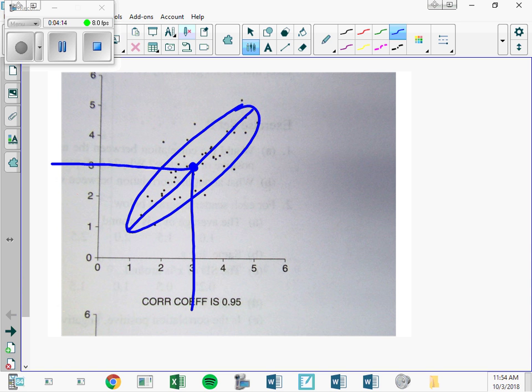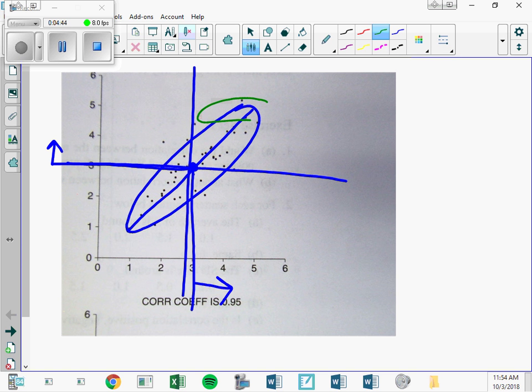Where would I find the points that are above average on both the X and the Y? Which points are above average on both the X and the Y? So I need to be above this line and to the right of this line. So it would be that bunch there.